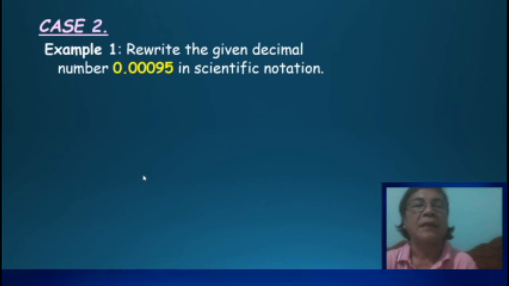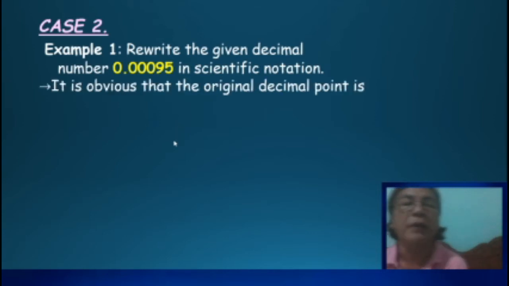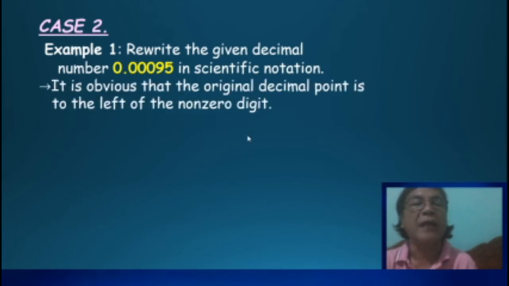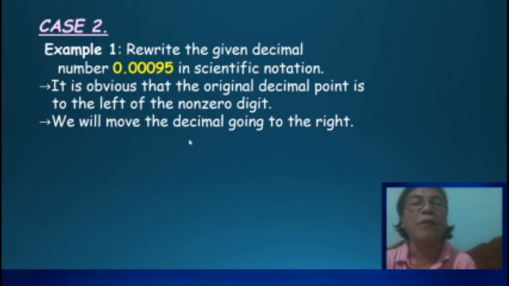Okay, let's have the example, 0.00095, in scientific notation. It is obvious that the original decimal point is to the left of the non-zero digit, so we will move the decimal point going to the right.